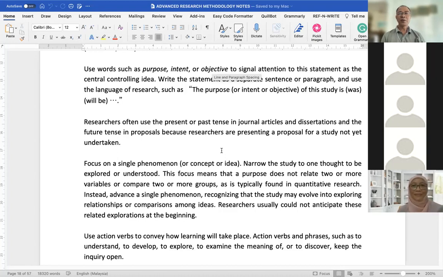And then number three, contributions to policy. The examiner might ask you, okay, Mr. Aji, is there any contribution of your study? You spent 3 years studying. What's the contribution to policymakers?